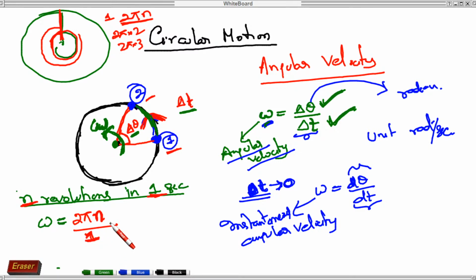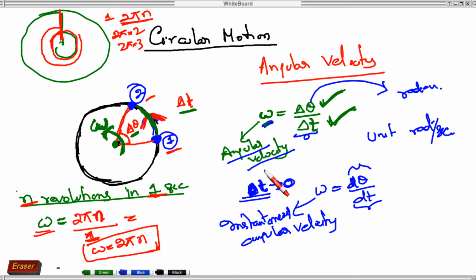So omega will be equal to 2 pi n, meaning angular velocity is 2 pi n.